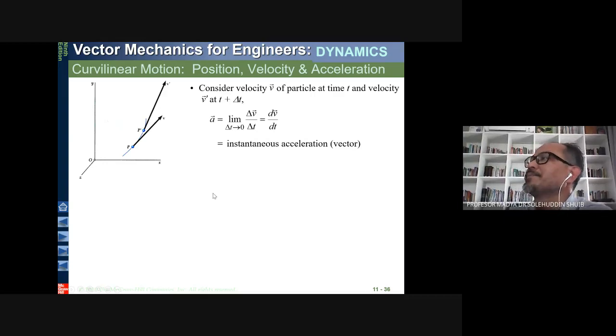Next one about curvilinear motion. We have mentioned position and velocity. Now we talk about acceleration. For acceleration, we refer to this figure.